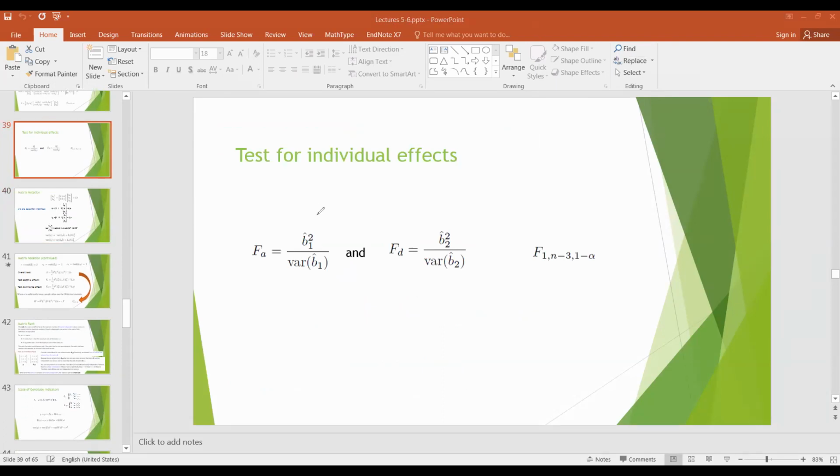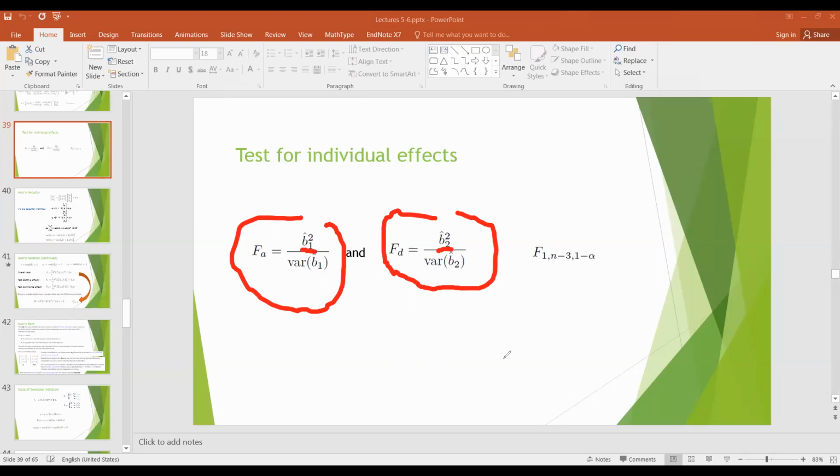For each genetic effect, for example the additive one or the dominance one, we can form this F test, and we can use this F statistic to help us test whether the genetic effect is significant. B1 means the additive effect A, and B2 is the dominance effect D. We want to test if these two are significantly different from 0.